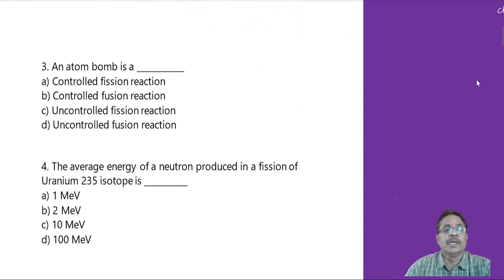Question number 3. An atom bomb is: A, controlled fission reaction, B, controlled fusion reaction, C, uncontrolled fission reaction, and D, uncontrolled fusion reaction.